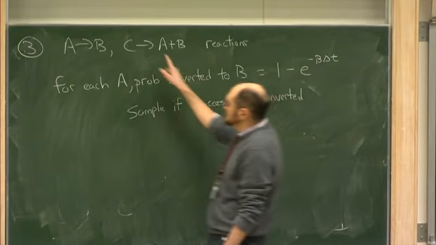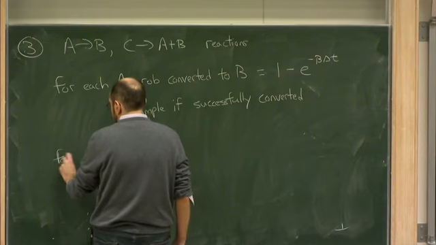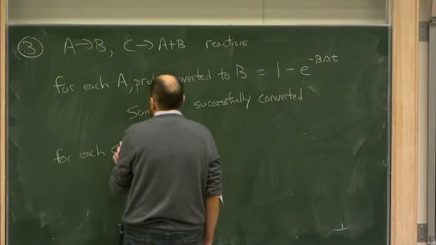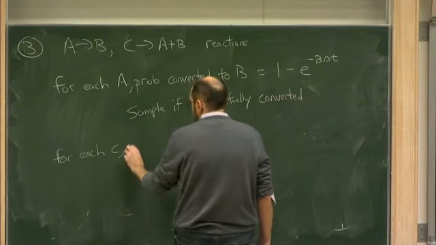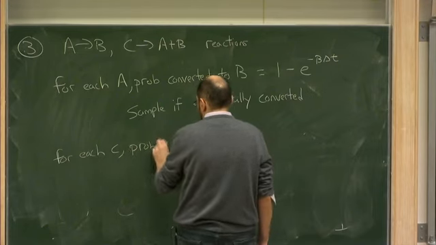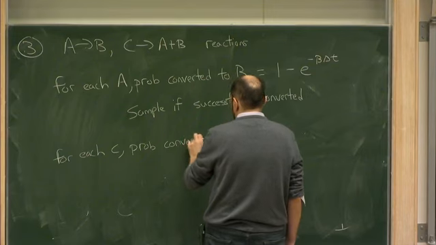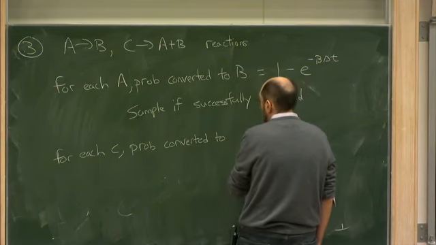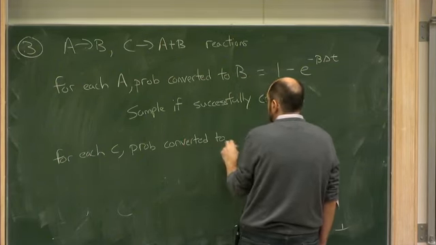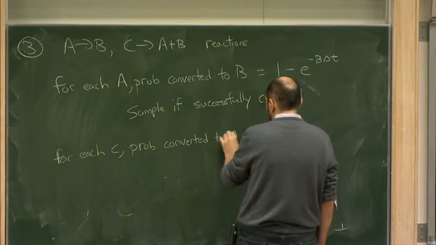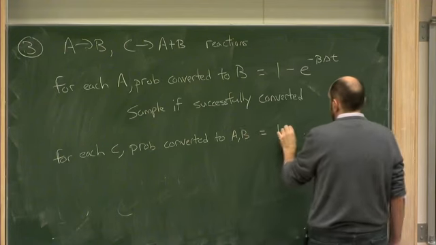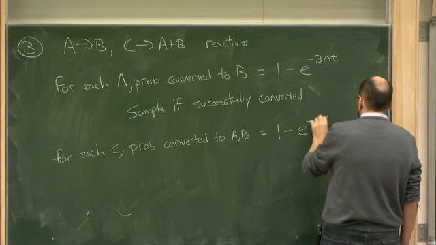And vice versa, it's the same thing for C. So for each C, the probability that it converted to an A and B is going to be just 1 minus e to the minus mu delta t.